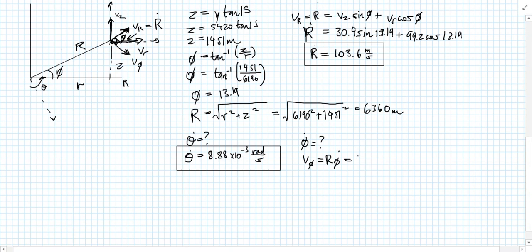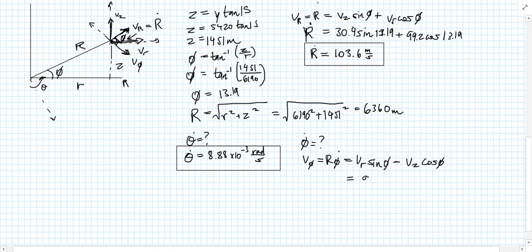So now we have Vr sine of phi, minus this component, which is going to be pointing in the opposite direction if we were to project it, right? So minus Vz cosine of phi.